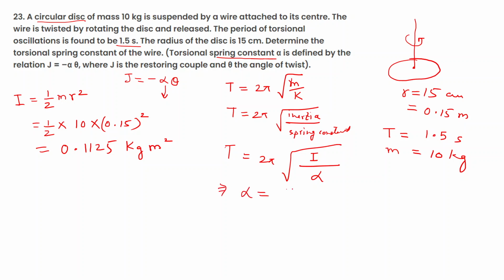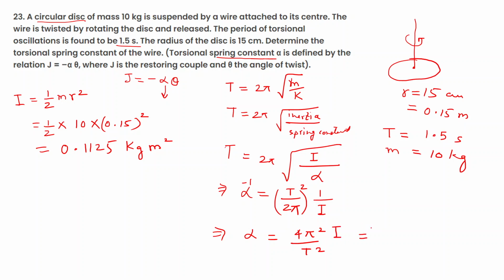Putting that here, or first let me rearrange this. 1 over alpha will be T over 2 pi, whole squared, times 1 over I. Again rearranging, alpha will be 4 pi square divided by T square times this moment of inertia expression.